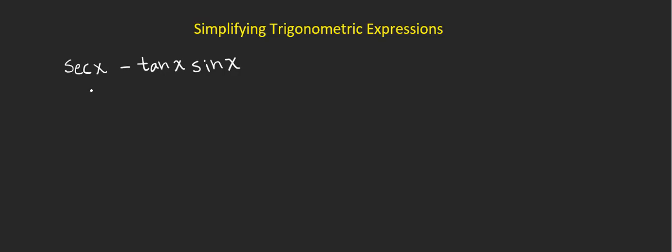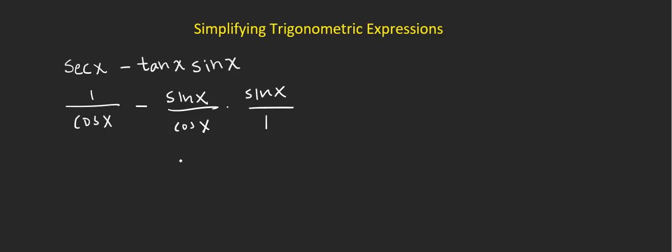So secant x is 1 over cosine x minus, what is tangent x? That's sine x over cosine x times sine x over 1.